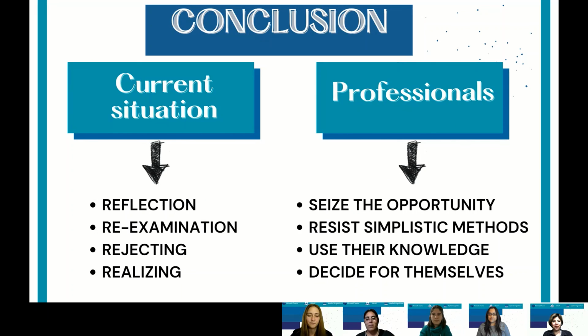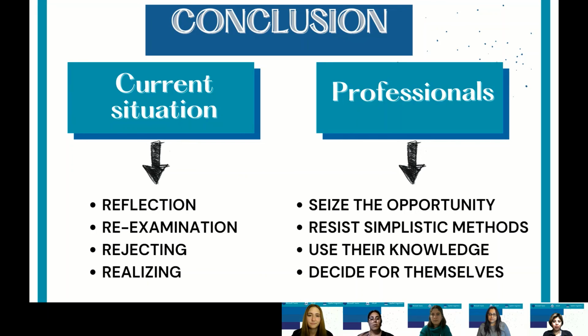To conclude, the current situation in second language writing studies is one of reflection on and re-examination of basic assumptions about the nature of second language writing, of rejecting easy answers to complex problems, and of realizing that there will be no particular approach or procedure that will actually work with all people in all places at all times.